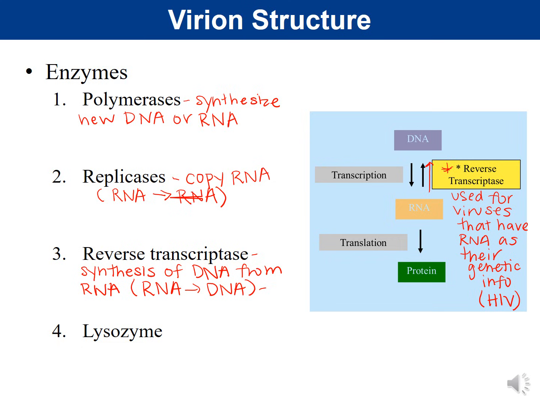The last enzyme is going to be what's called lysozyme. And this is an enzyme that's used to degrade cell walls. And you're going to see in a little bit that when we talk about the immune system, actually your own body also produces lysozyme, tears, for example, mucus, and that lysozyme is used to basically degrade cell walls.